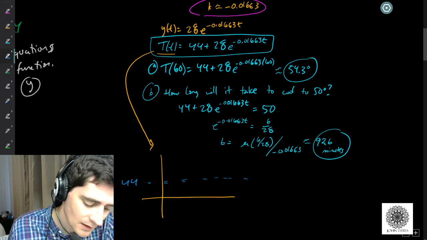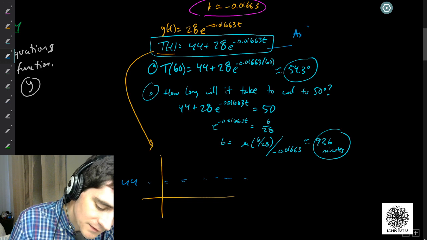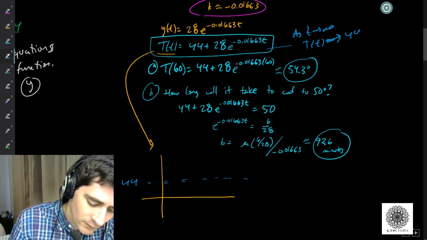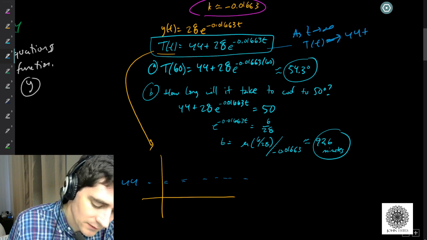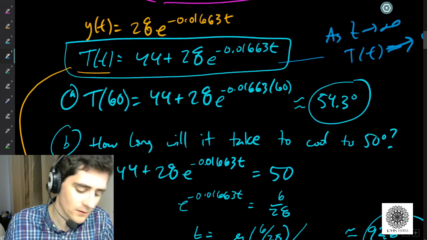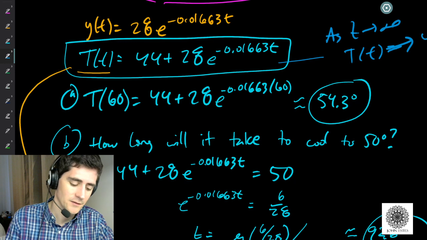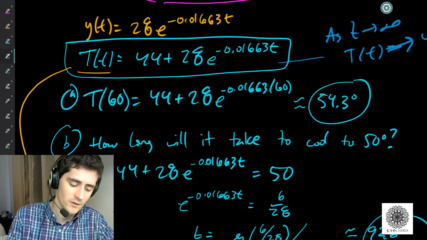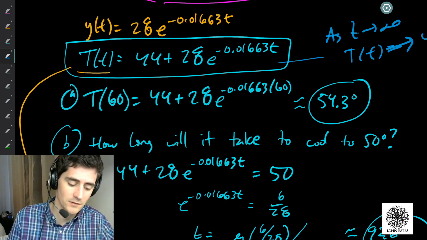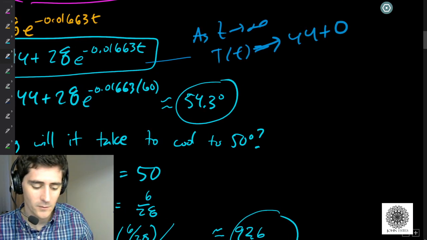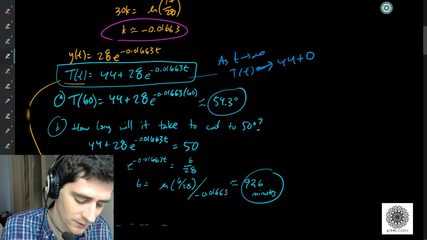Because notice as t goes to infinity, this T of t approaches 44 plus, well, as t goes to infinity, this e to this power is actually going to go to 0, right? Because that's a negative power. So you get 1 over e to some power. It's getting larger and larger. That's all going to go to 0. So you end up with 44 plus 0, which is 44 degrees.